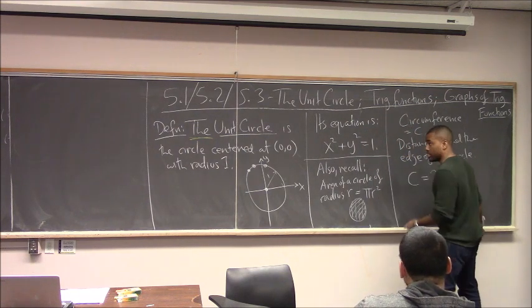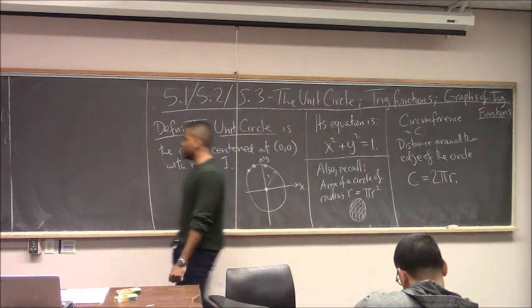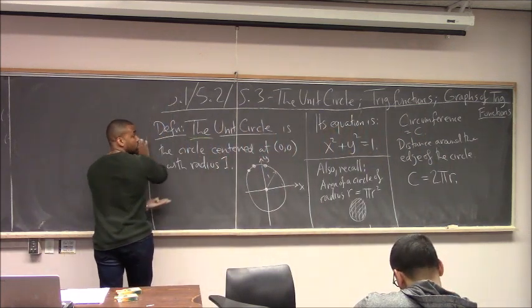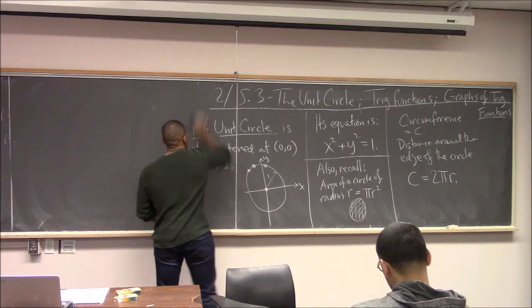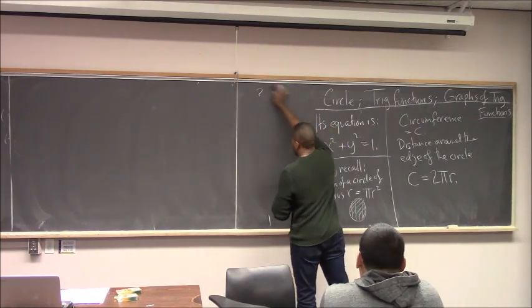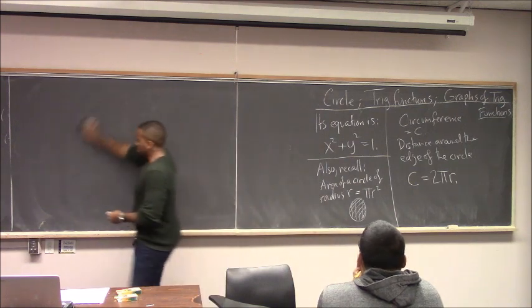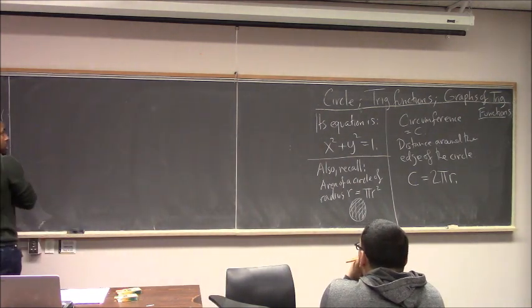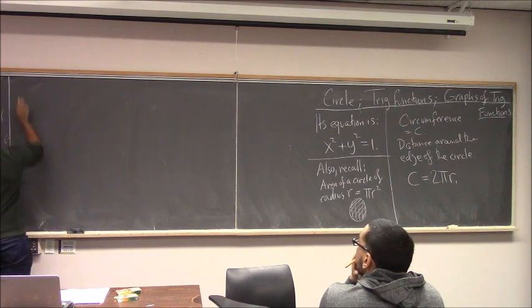Now we're going to be using these facts, and I'm going to assume that you know these things. Okay, so that's the unit circle. Circle centered at the origin, radius 1. All right. Let's start to study this by talking about angles in the circle.